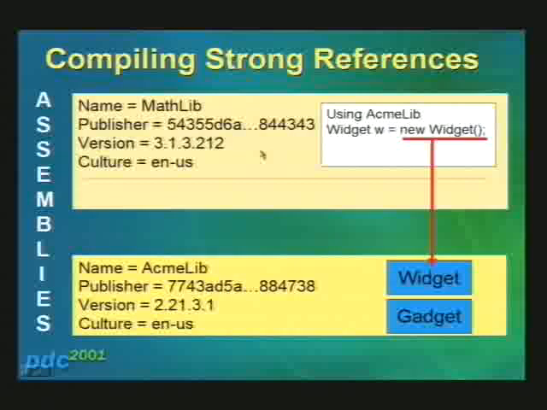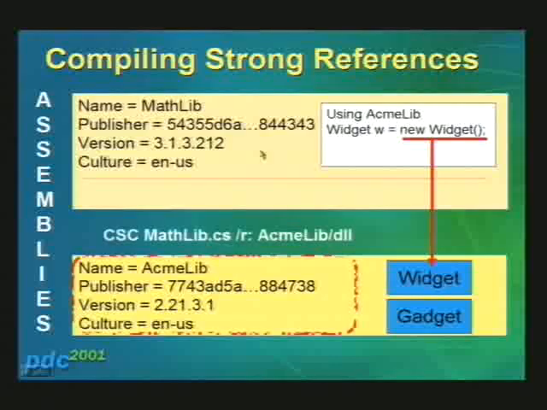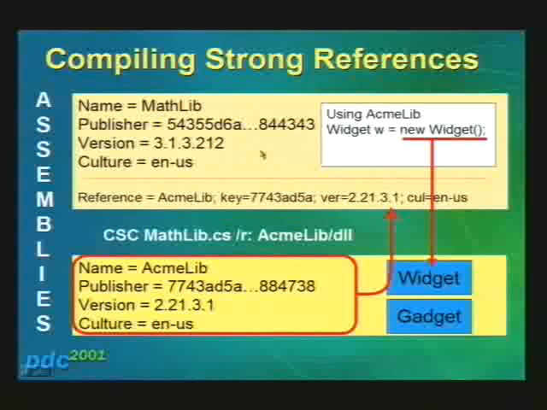Well, when I compile that, that reference to the widget object causes the compiler to go out and take that strong name, or that assembly identity, and pull pieces of that into the actual assembly that I'm building. So I can see that it puts a reference in the assembly that I'm building that points back to the assembly that I'm referring to.